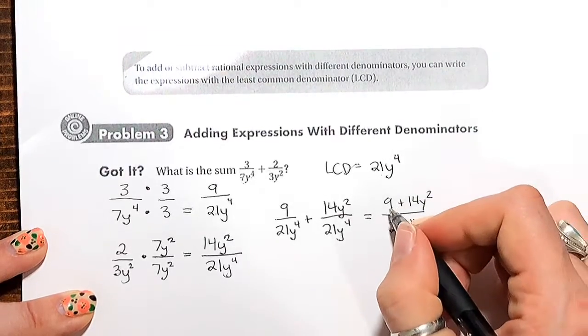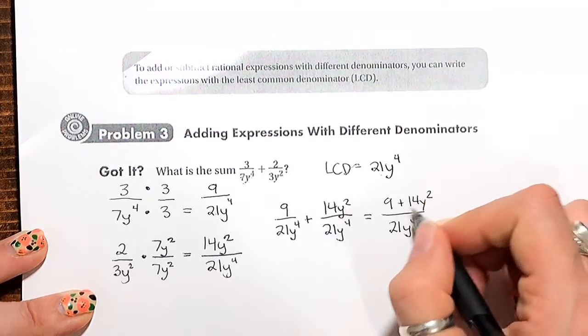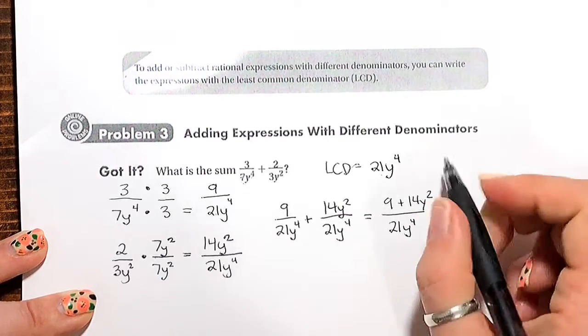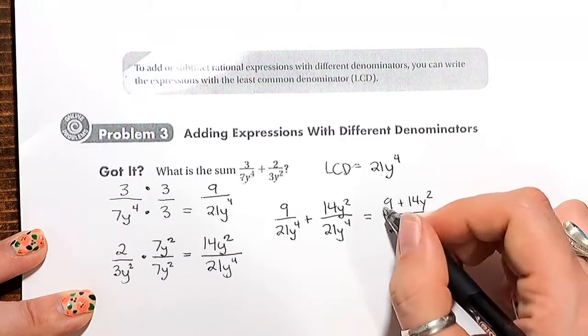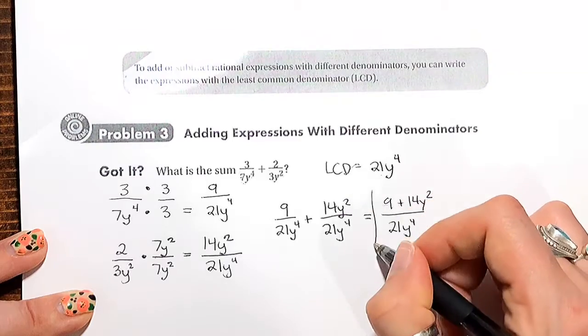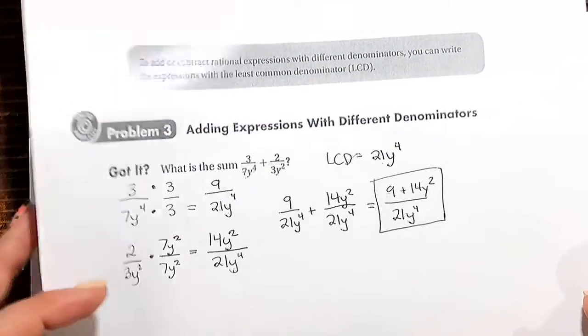But then on this numerator, 9 and 14y squared are not like terms, so we can't actually add them together, so we're just done. And I don't think there is anything we can factor out. So 9, 14, 21, we can't factor a number out, so we're done reducing as well. So that is adding with different denominators.